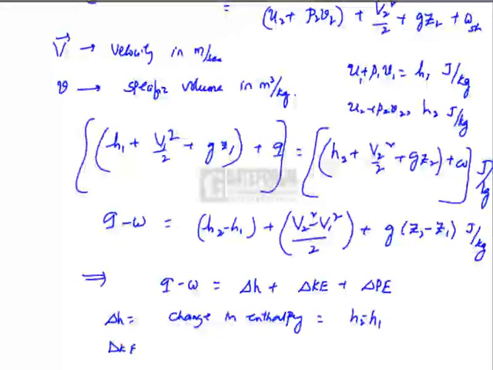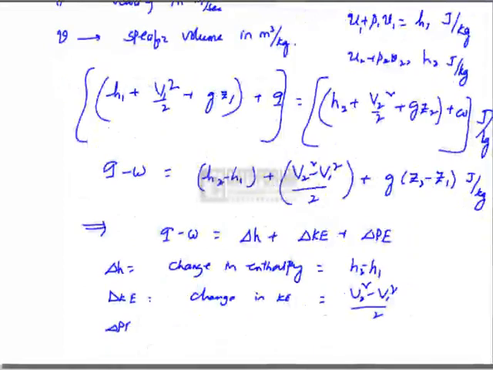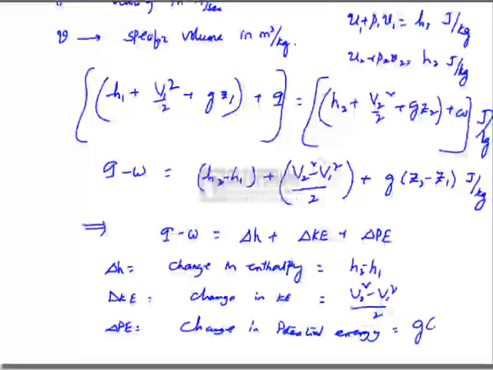Delta KE is equal to change in KE from outlet to inlet, that is V2 square minus V1 square by 2. Delta PE is change in potential energy of fluid, that is G into Z2 minus Z1. All the energies being in joule per kg.